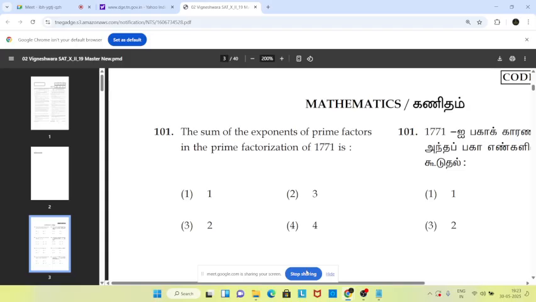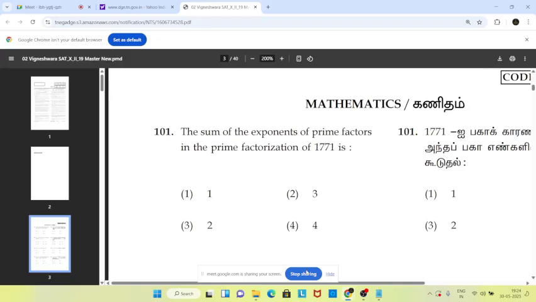Is 253 again divisible by 7? No, it cannot be 7. Try 11. If you divide by 11, you get 23. So the factors are 7, 11, and 23.